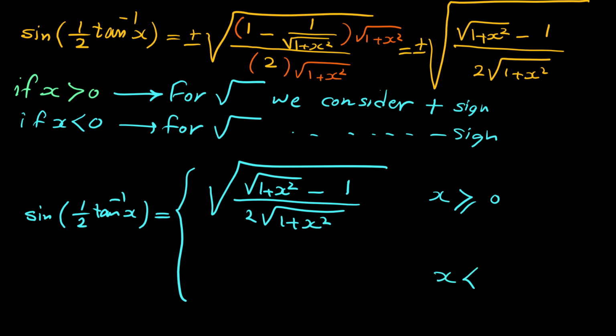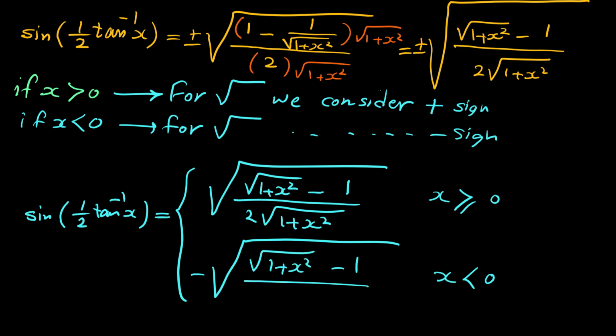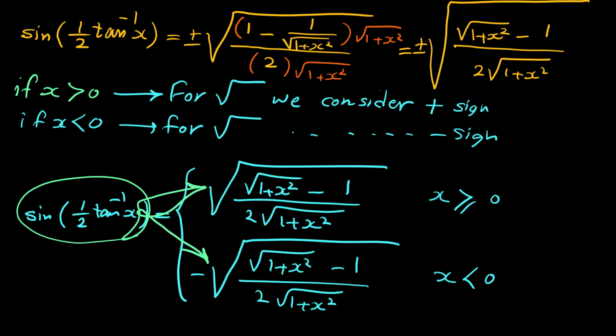If x is less than 0, this equals negative radical 1 plus x squared minus 1 all over 2 radical 1 plus x squared. So depending on the value of x, this expression equals this or this. And this completes the solution for this complicated question.